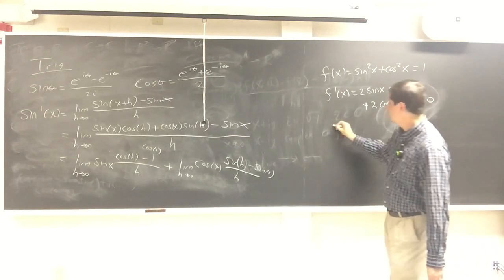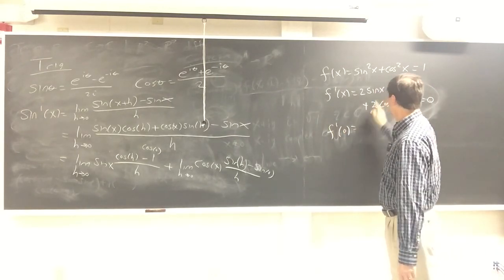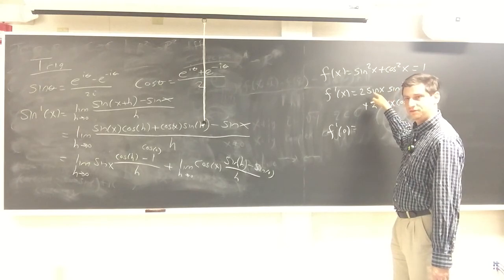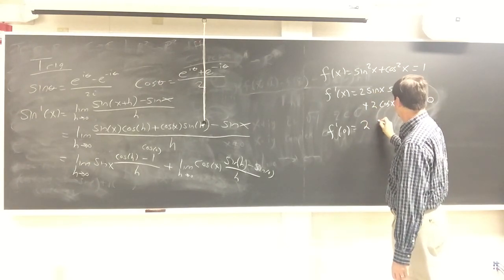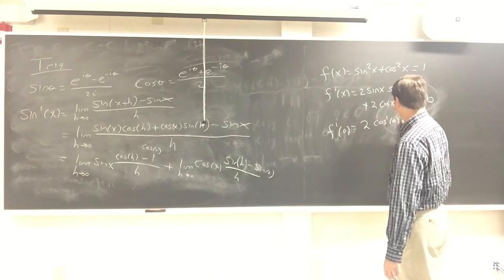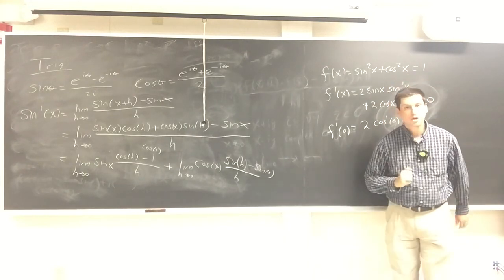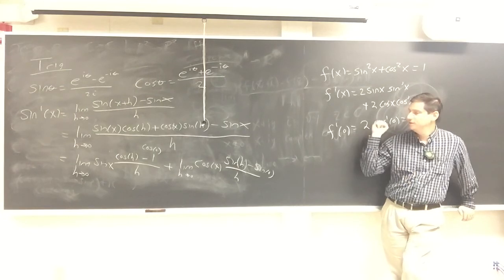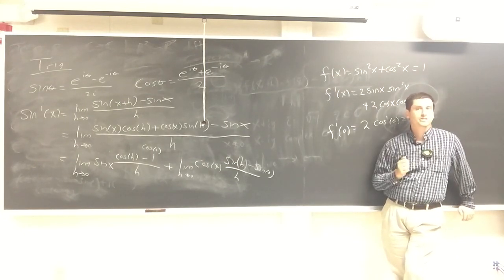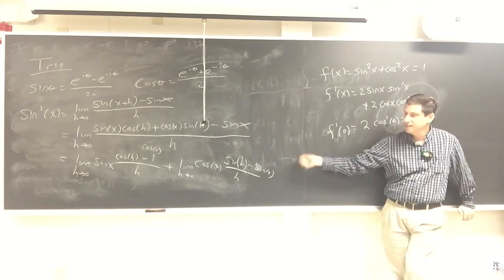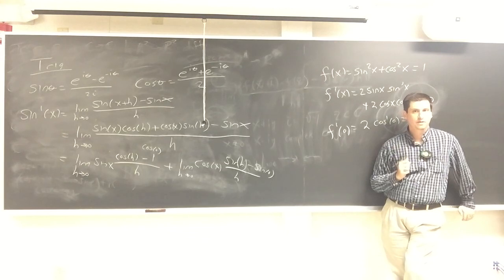And now if I just take x equals 0, well, we know the sine of 0 is 0 and the cosine of 0 is 1, so we get 2 cosine prime of 0 equals 0. So we actually get the derivative of cosine very easily if we allow ourselves to assume that sine and cosine are differentiable functions. The real challenge, the real work, is proving that the sine limit is 1.